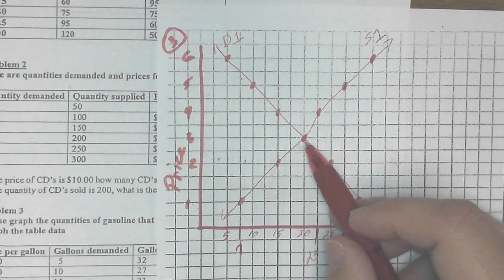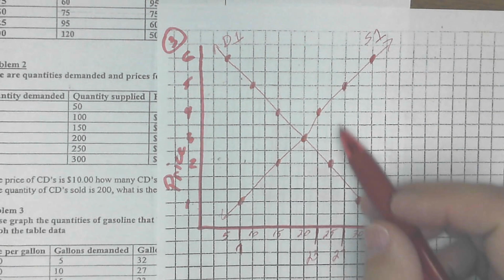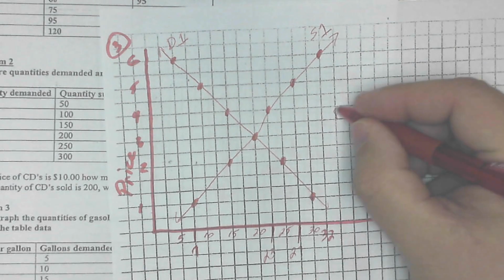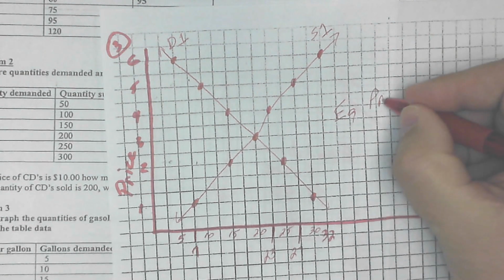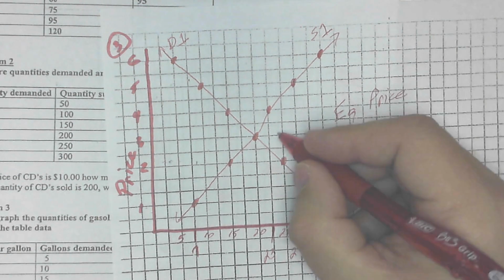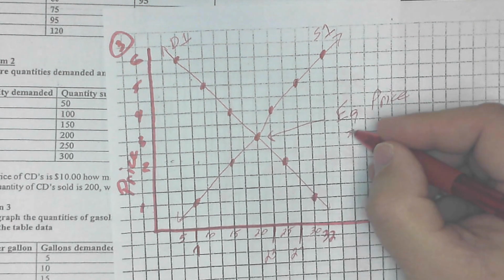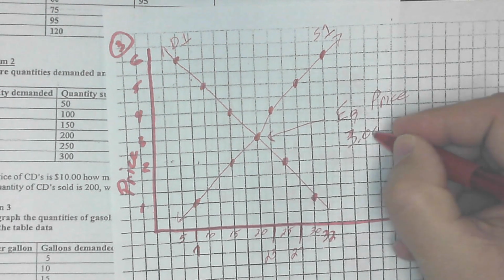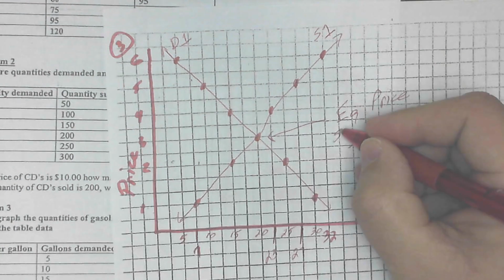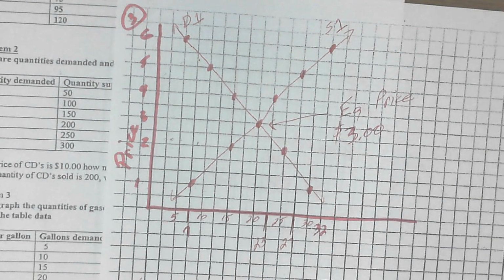And we've got our equilibrium price for this setup. So that's $3 for our equilibrium price.